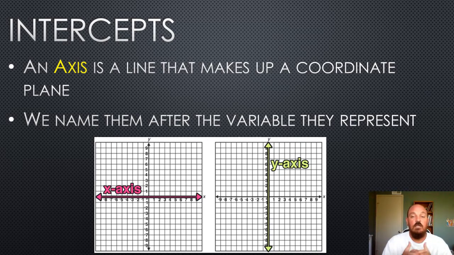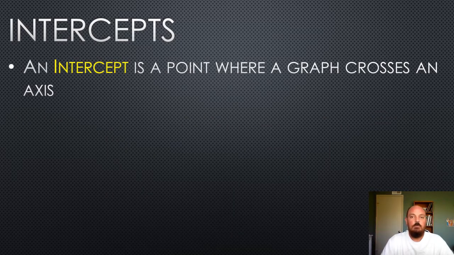So the x and y-axis make up what we call the coordinate plane, and that's what we plot points or draw graphs in. Now the reason that's important is because of the intercepts of a graph. Basically the word intercept means to cross.